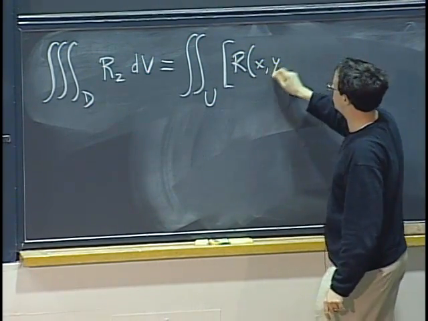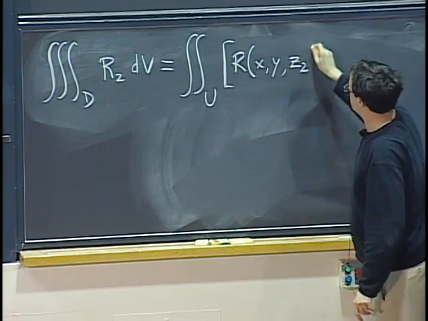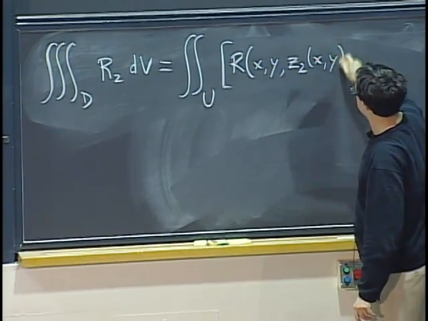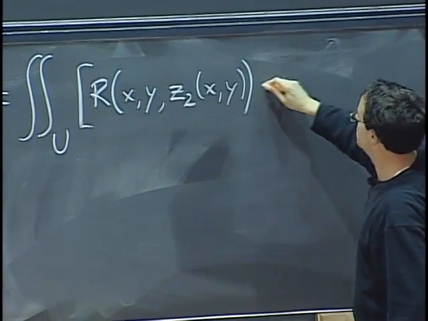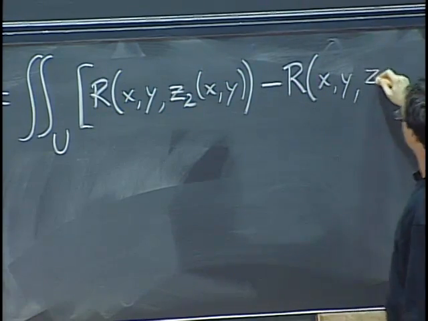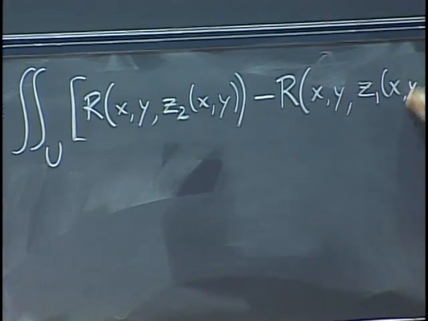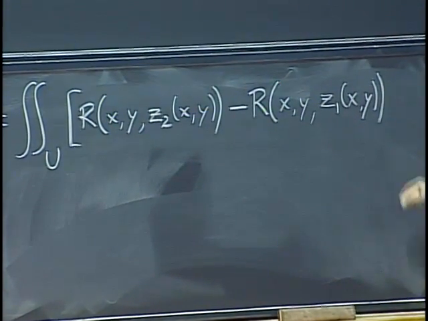Remember, R is a function of x, y, and z, and I will plug into it the value of z at the top, z2 of x, y, minus the value of R at the point on the bottom, x, y, z1 of x, y.